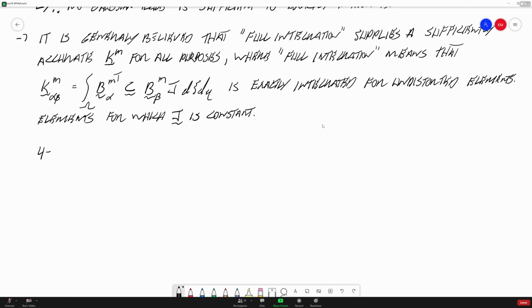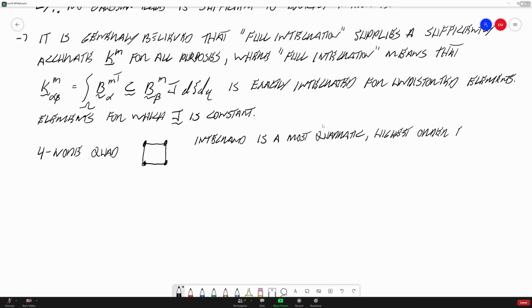Now, for a 4-node quad, the integrand is at most quadratic, with highest order terms being psi squared, or psi mu.